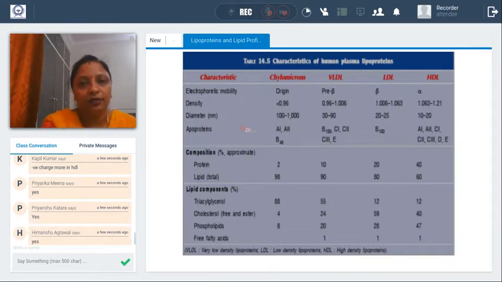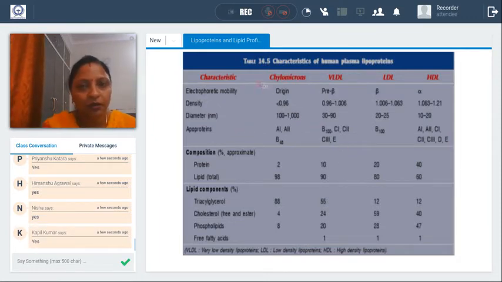This is the table which you have to remember, containing characteristics of human plasma lipoproteins. These are the characteristics you can see here. As I discussed earlier, electrophoretic mobility: chylomicron origin, VLDL pre-beta, LDL beta, HDL alpha.